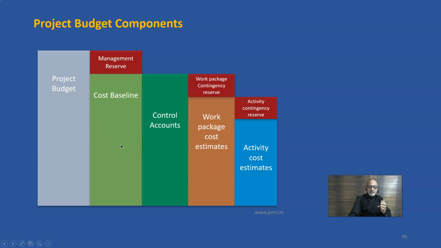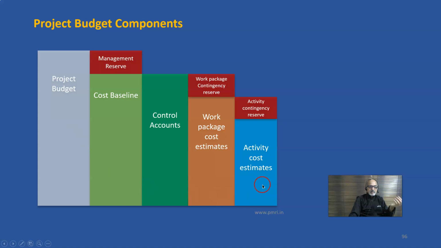There is a cost baseline, and on top of it we add management reserves. That is for the senior management if the scope changes. So for those kind of things they will have some reserves, that is the management reserve. So to the cost baseline we add the management reserve and we arrive at the project's budget.